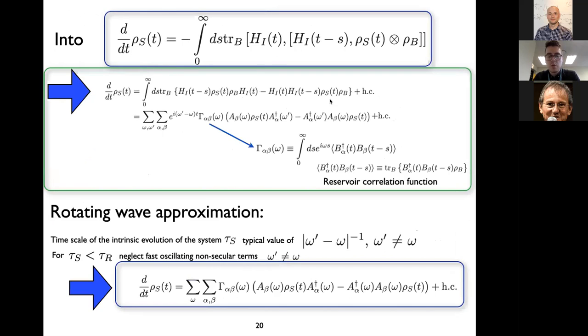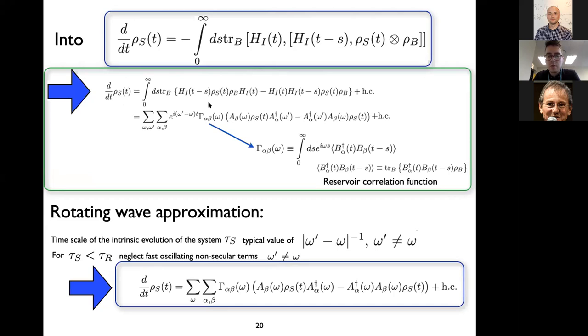So at this point, what we did here is we substituted the interaction Hamiltonian in the interaction picture into the right-hand side of this expression. And then after you make the interaction picture transformation, you can rewrite this equation of motion in the following way.